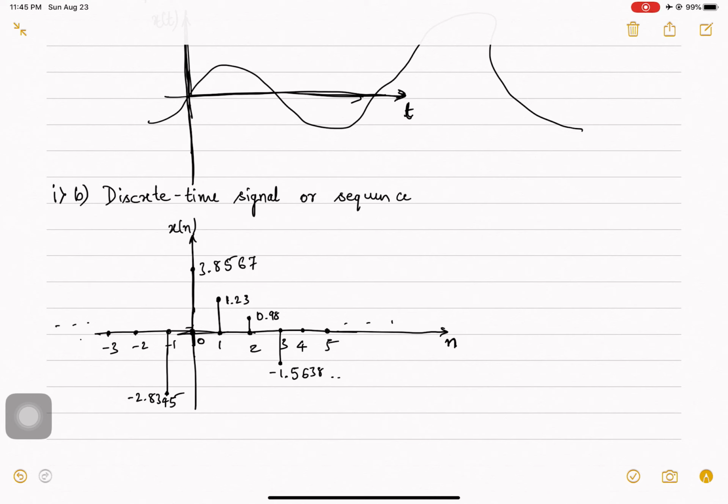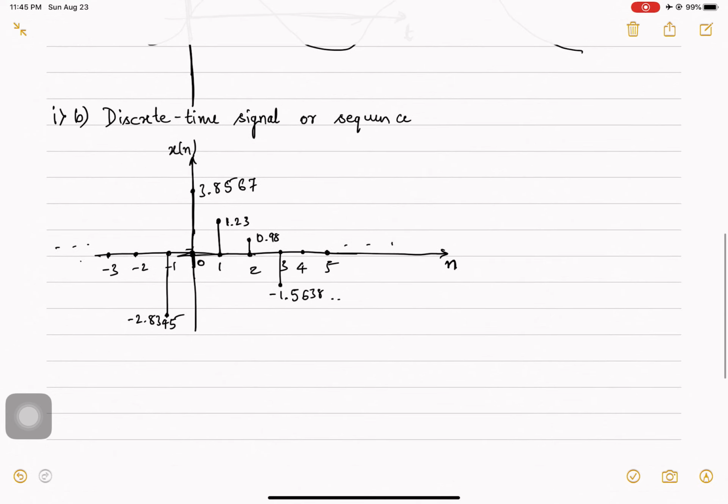I'm writing some random numbers, there is no relation, no importance given. All I'm trying to emphasize is that my x-axis can take only the integer values. So there is no value in between 0 and 1, between 1 and 2, so on and so forth. But the amplitude, which is represented by the y-axis, can take all the values, any values that lie here, from minus infinity to plus infinity.